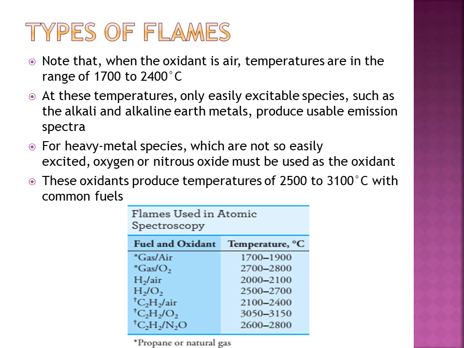Then hydrogen-oxygen temperature is 2500 to 2700. And for acetylene-oxygen, the range is 3050 to 3150 degrees centigrade. And if we see acetylene-nitrous oxide, the range is 2600 to 2800. This means the overall range of these flames is 2500 to 3100 degrees centigrade.